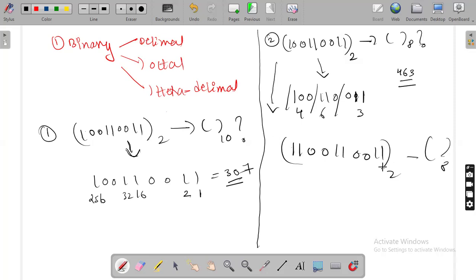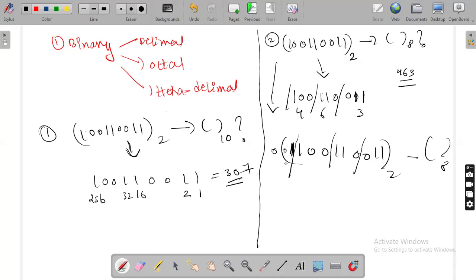Same, you have to convert 3 bits, 3 bits, and 3 bits. Whenever you convert, one bit is left here. If only one digit is left, then you have to add the remaining 2 zeros.